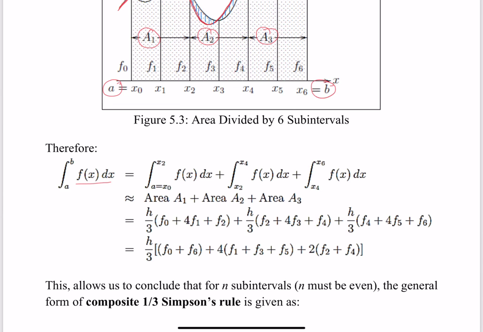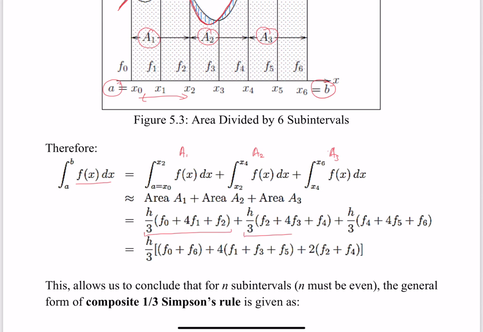By using Simpson's rule, we divide it into three big areas, so that from x0 to x2 we have A1, meaning area 1, and then we have A2, and then we have area 3. For each area we apply Simpson's rule, and this is the first one, Simpson's rule.